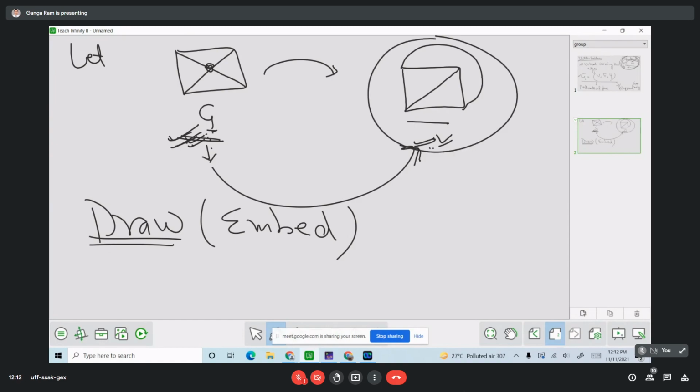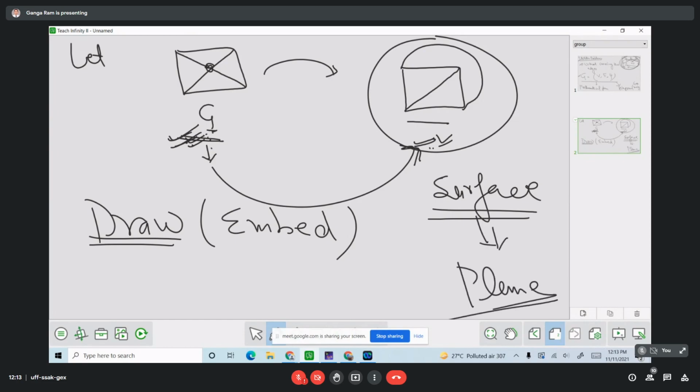Generally we will draw a graph on a surface, but we will take the surface as a plane, and we will not use the word drawing. We will use embedding.